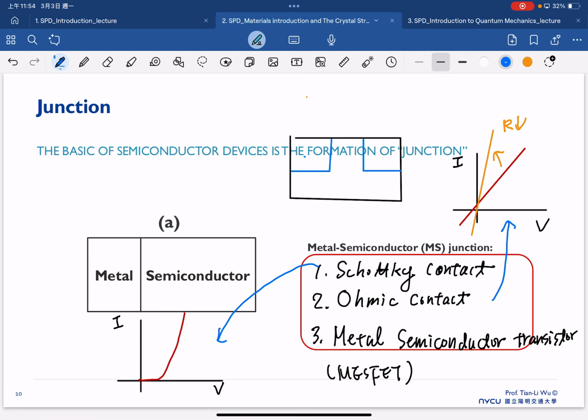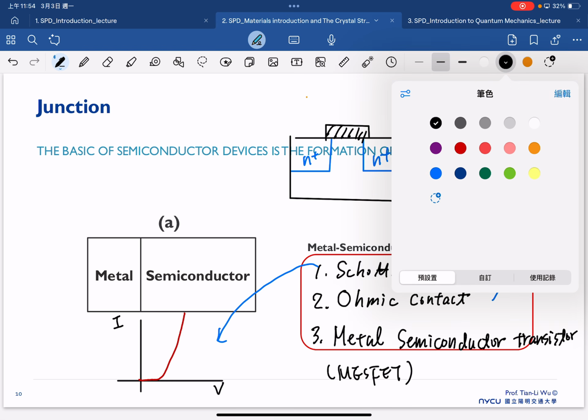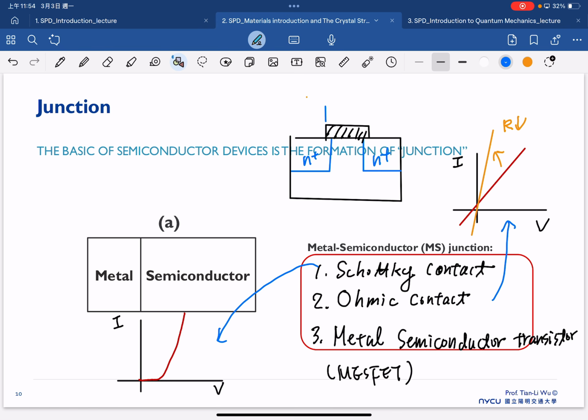And we have the N plus, we have the N plus, we have the dielectric, and we have the gate metal.